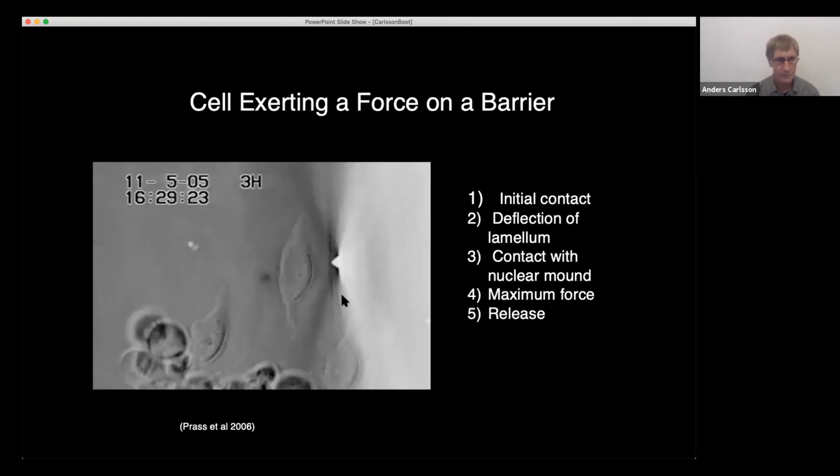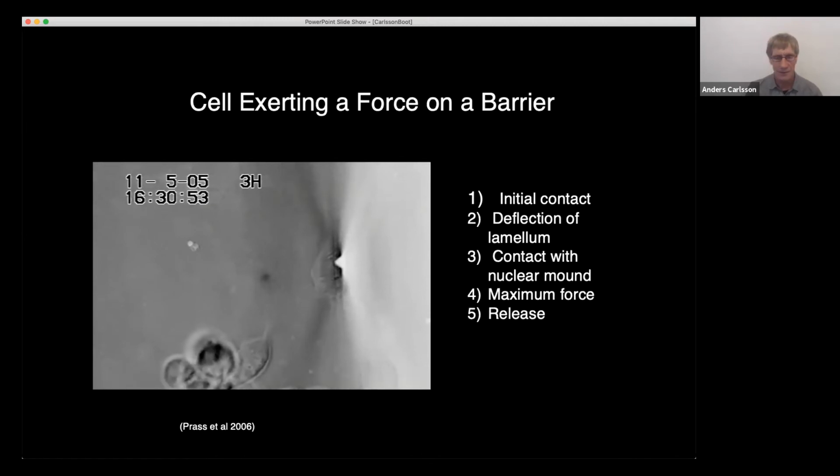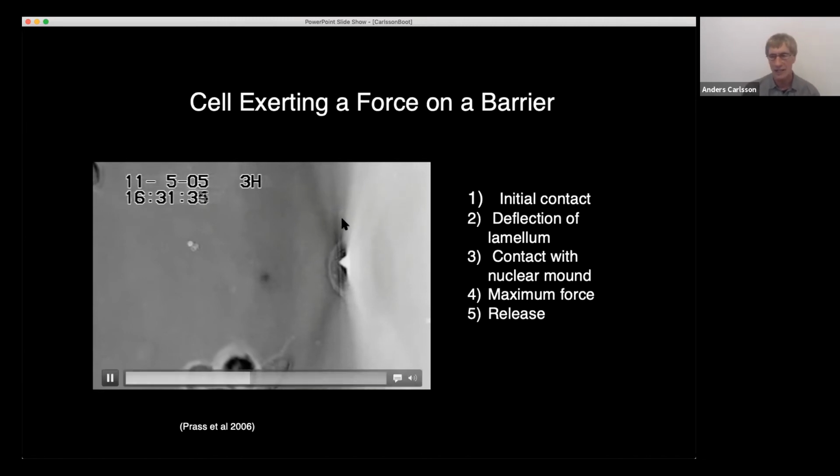Okay, so here's what happens. Let me show you what we got. So this is a cantilever here. It's got that diamond-shaped thing at the end, and here's the moving cell. It's a keratocyte, and keratocytes are incredibly steadily moving cells. They come from fish scales, and a lot of other cells change their mind a lot, but they're very single-minded cells. They just keep going in the same direction.